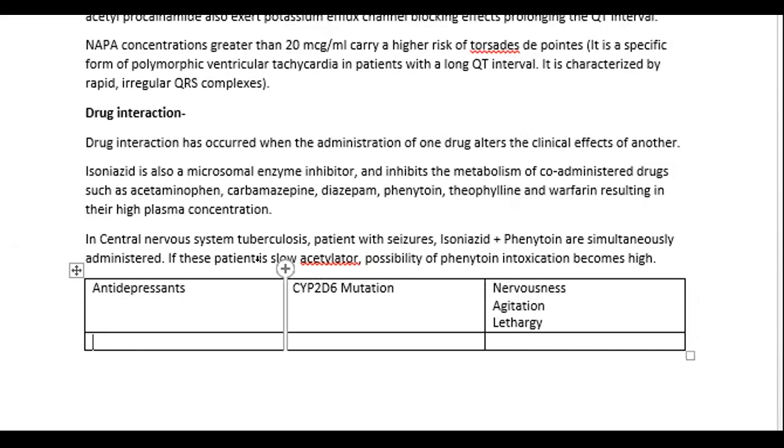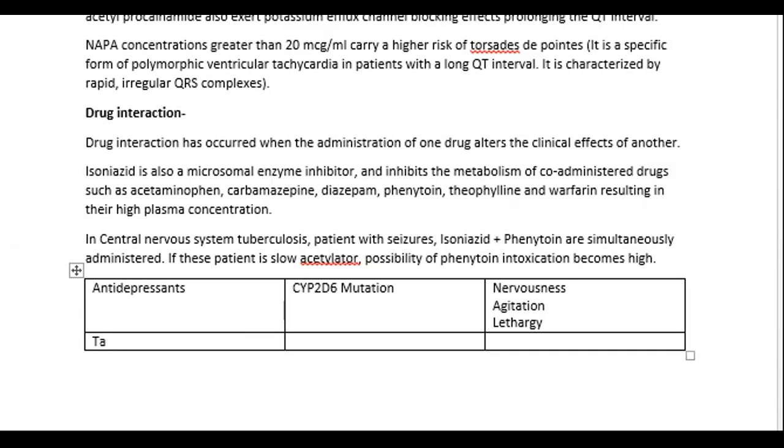These antidepressants are generally metabolized by the CYP2D6 enzyme. As there is a mutation of the CYP2D6 enzyme, the antidepressant levels will increase in the body, leading to nervousness, agitation, and lethargy in the patients.